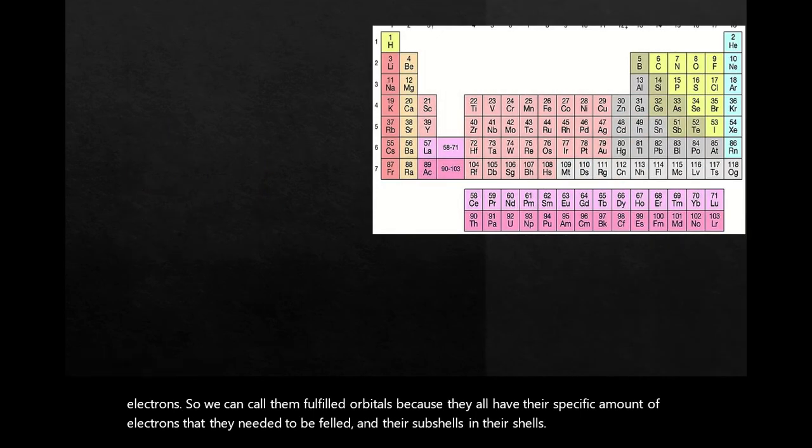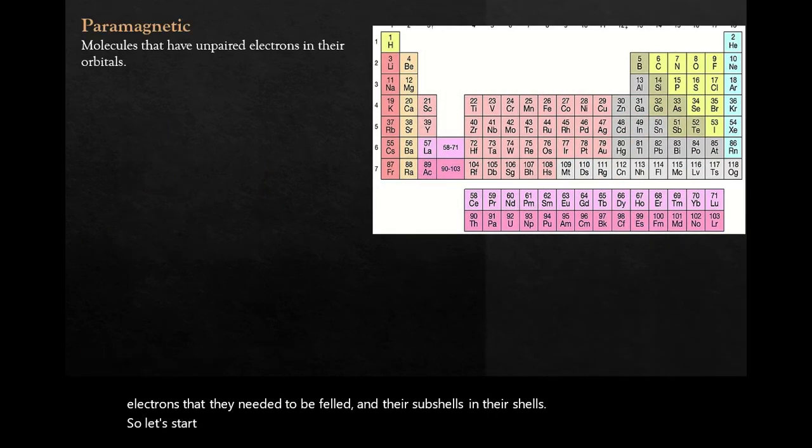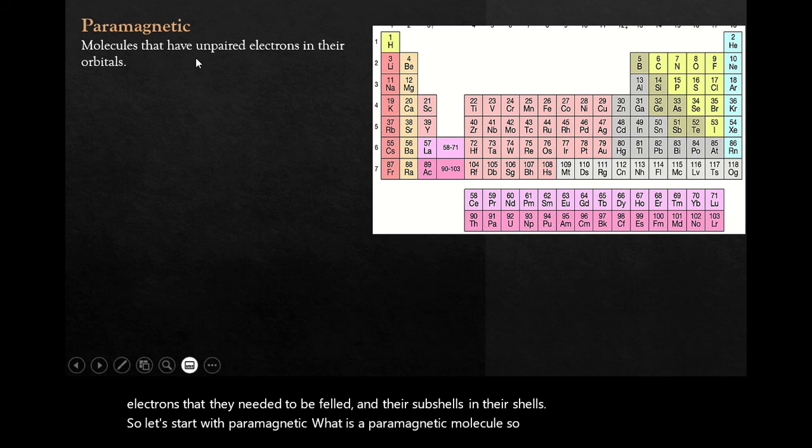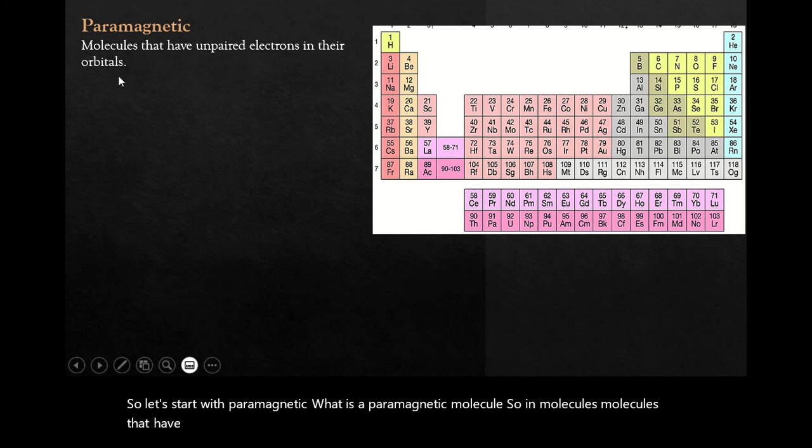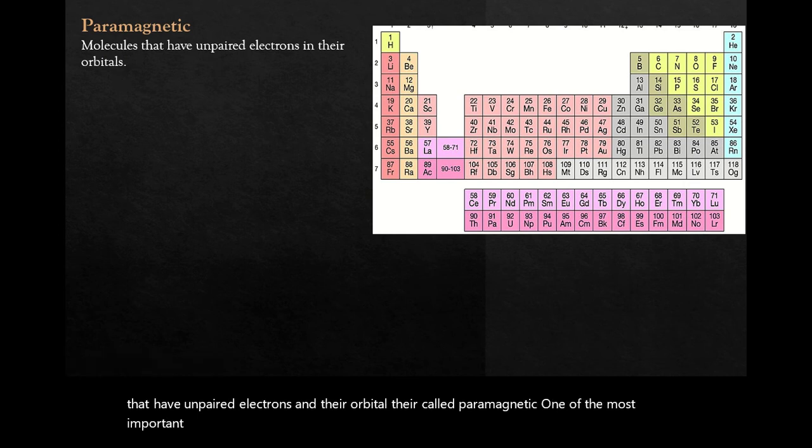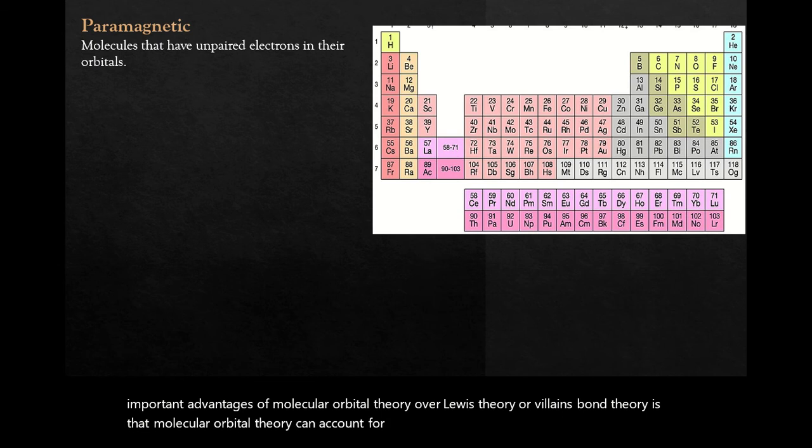So let's start with paramagnetic. What is a paramagnetic molecule? Molecules that have unpaired electrons in their orbital are called paramagnetic. One of the most important advantages of molecular orbital theory over Lewis theory or valence bond theory is that molecular orbital theory can account for many experimental observations, and one of those particular observations involves how certain substances interact with magnetic fields.